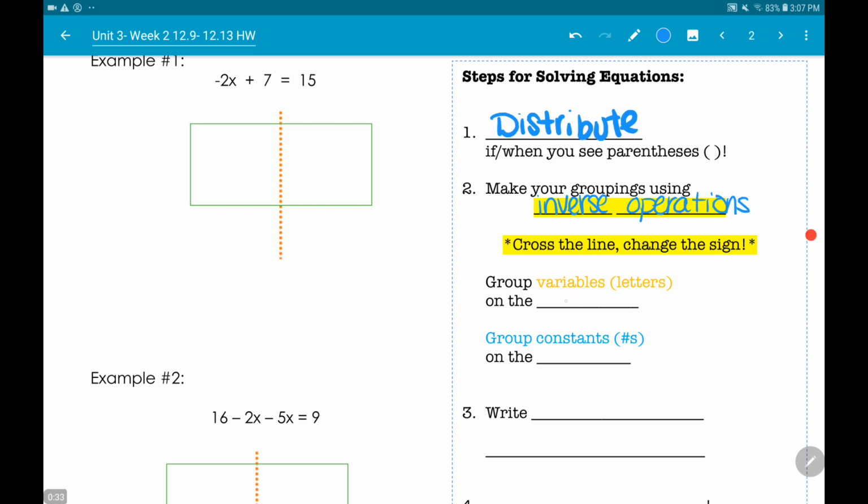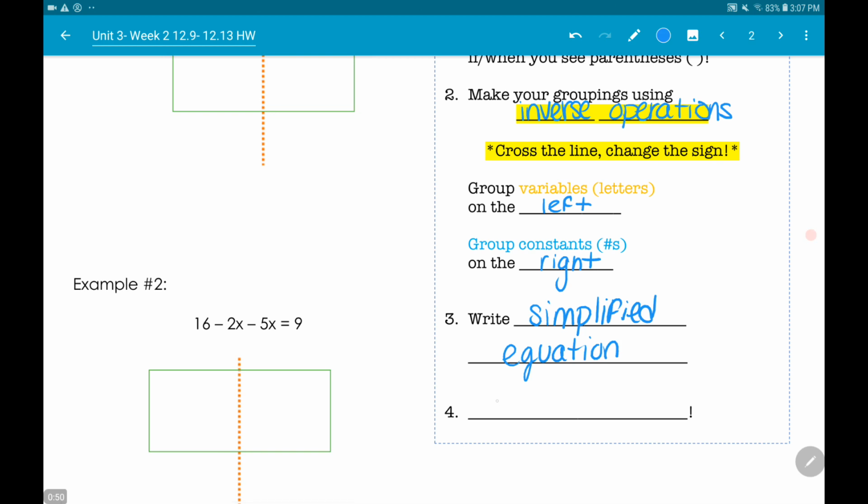So we group our variables or our letters on the left, and our numbers are on the right. Write your simplified equation. And then our last step is to divide.